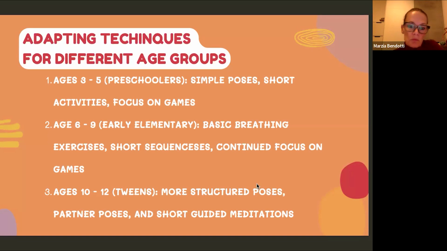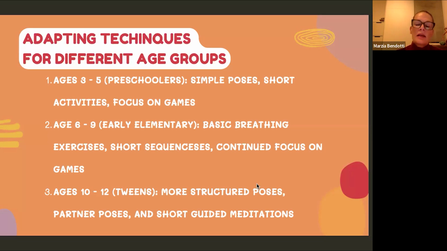Now, let's look at how we can adapt yoga techniques for 3 primary age groups. I divided these techniques in 3 groups. The first one is preschoolers from 3 to 5. For preschoolers, keep it simple and fun.